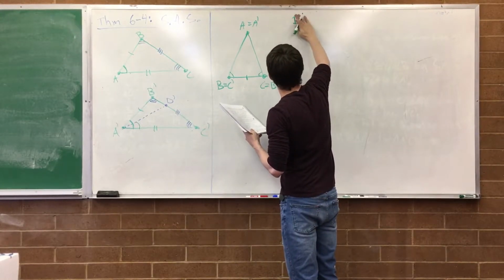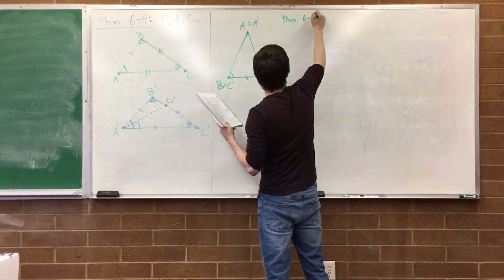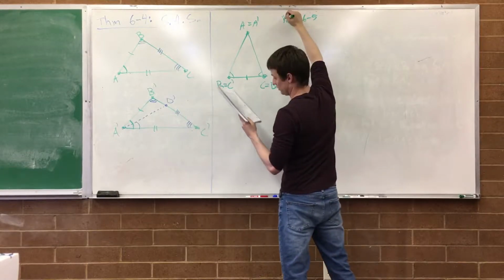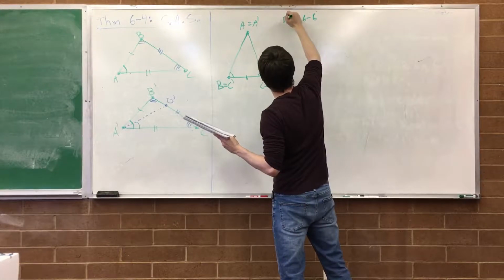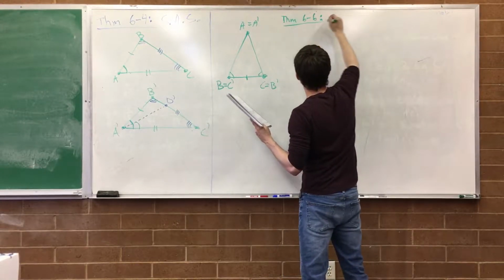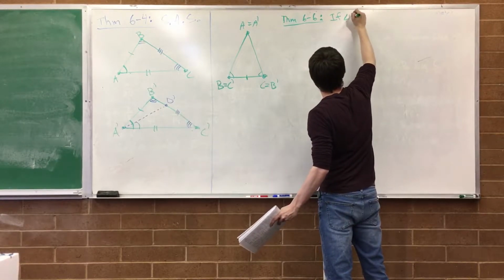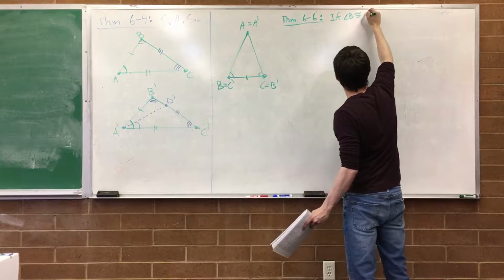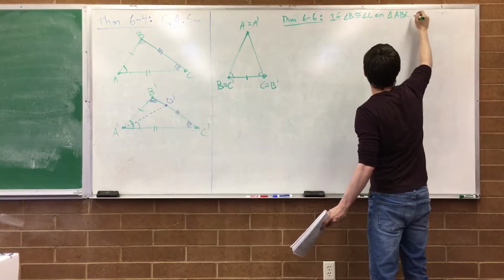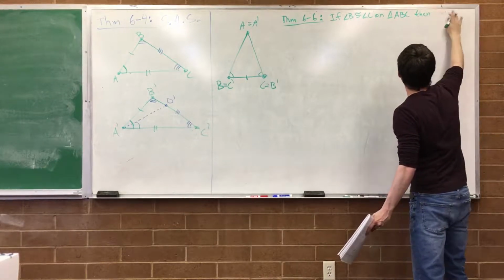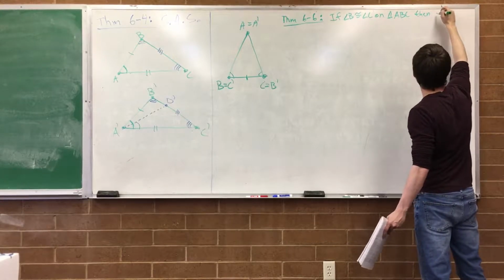So, here's what the theorem actually says. It's theorem 6.6. So it says if angle B is congruent to angle C on triangle ABC, then AB is congruent to AC.